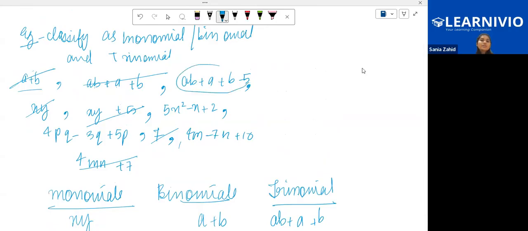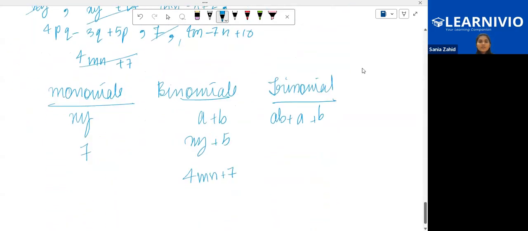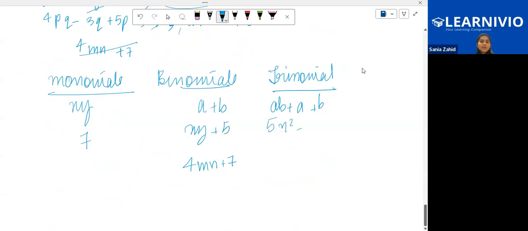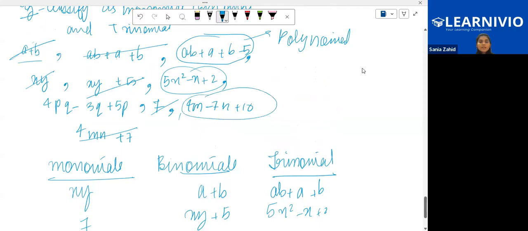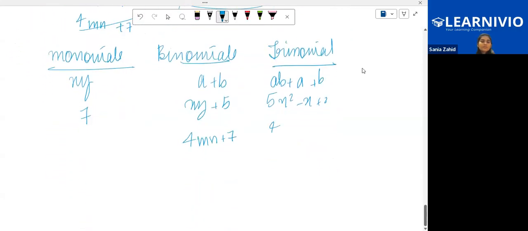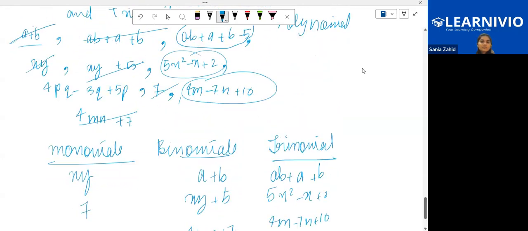See, this is actually a polynomial. This is not a trinomial, it is a polynomial. You can write this term, 5x square minus x plus 2. And then you can write 4m minus 7n plus 10. Then there's one more, 4pq minus 3q plus 5p. This is also a trinomial. You can write this also.